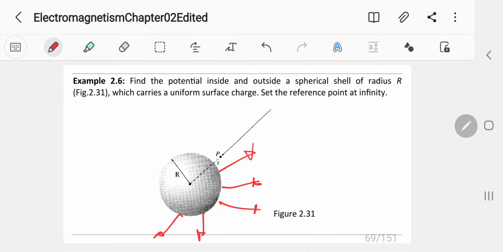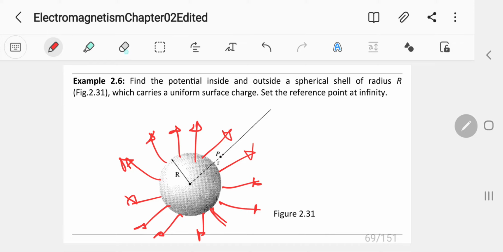My drawing is not accurate, but you can see a radial direction of electric field. That means that at any point on the surface of the sphere, the direction of the electric field is perpendicular to that area on the surface.